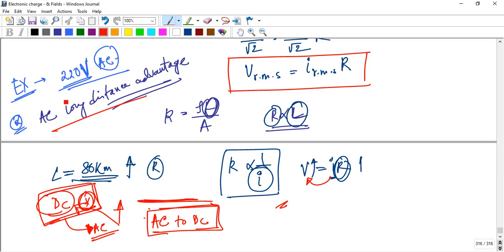Okay, now let's jump to this question. The Kolaghat power station releases a 220 volt AC supply. Calculate the maximum value of this potential, Vm.